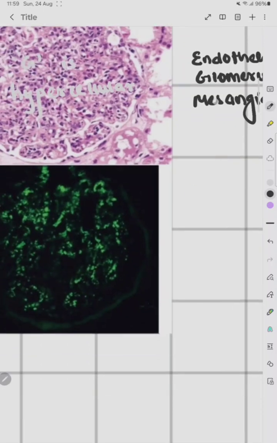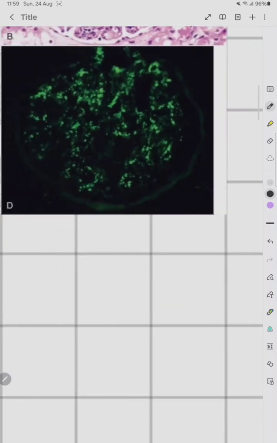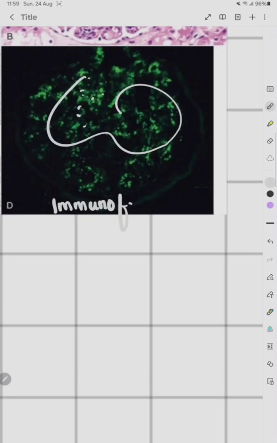Now this is the immunofluorescence. You can see that it is very granular. It is not linear like this. It is granular, like islands of deposits.